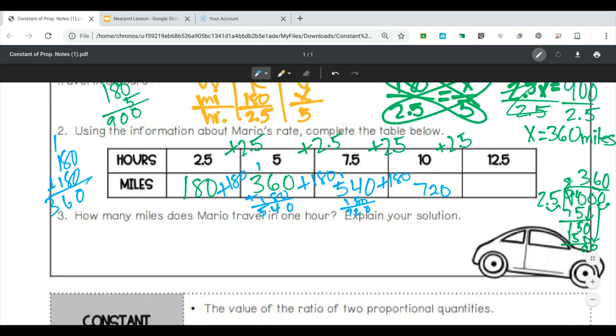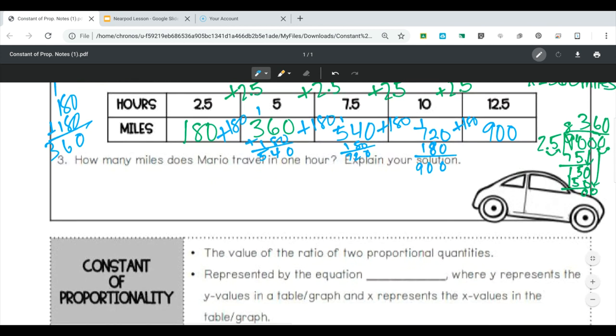And then add a final 180 here, and you'll get 900. Okay, so you just filled out that box simply by figuring out how many miles he traveled in 5 hours. Okay?